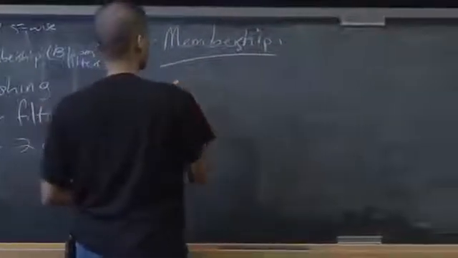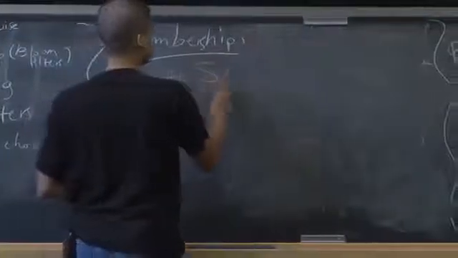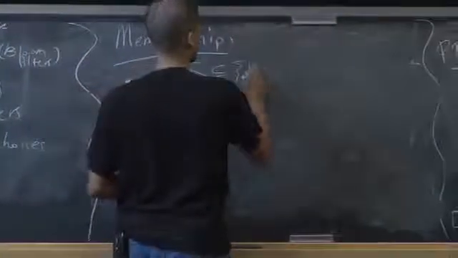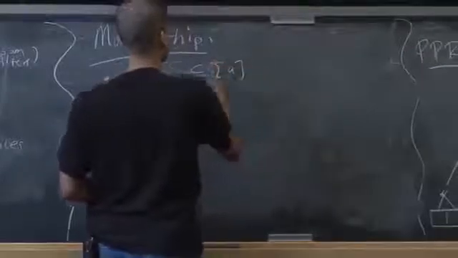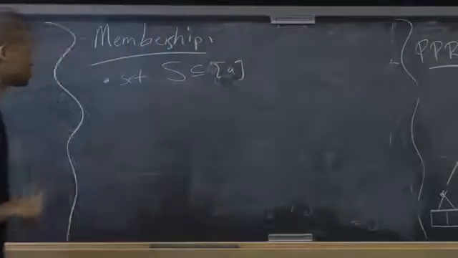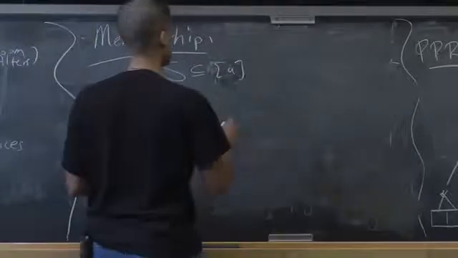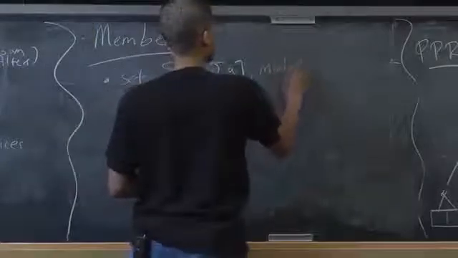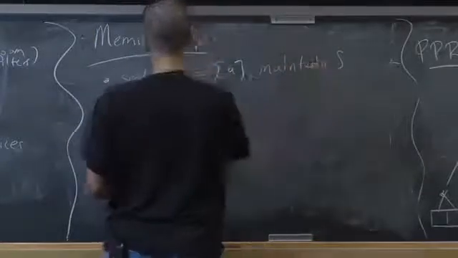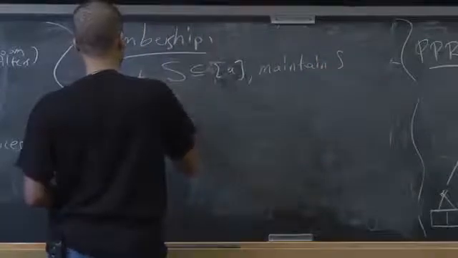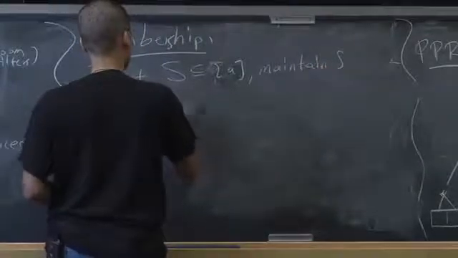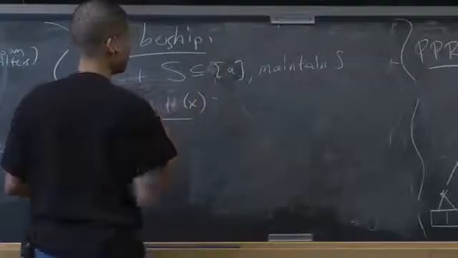So we have a set S, which is in U, and we need to maintain S. There are two operations we support.